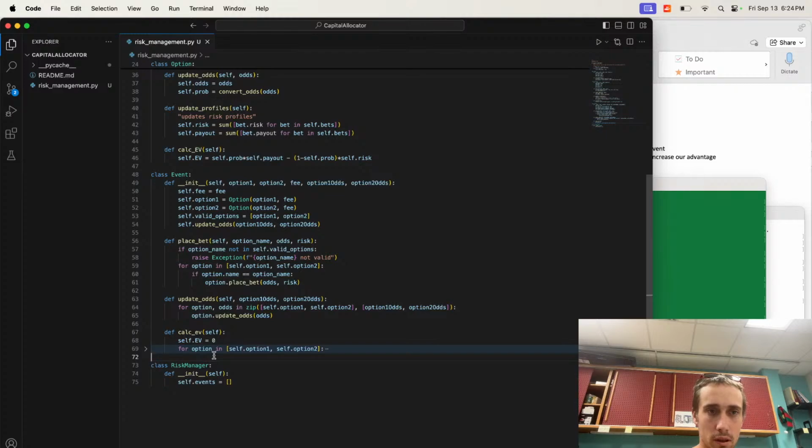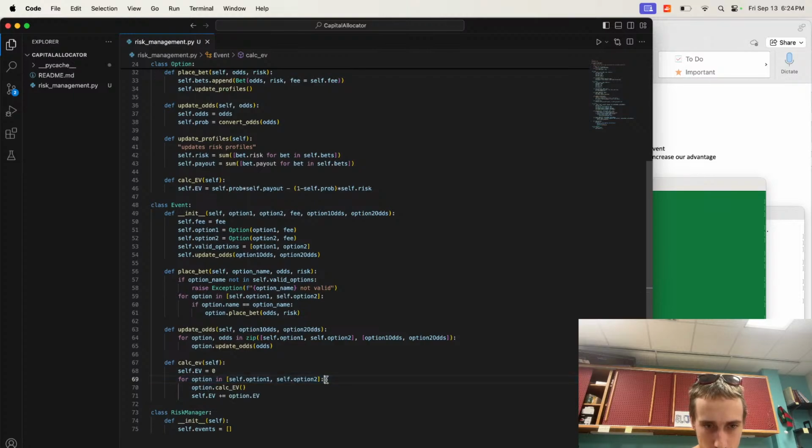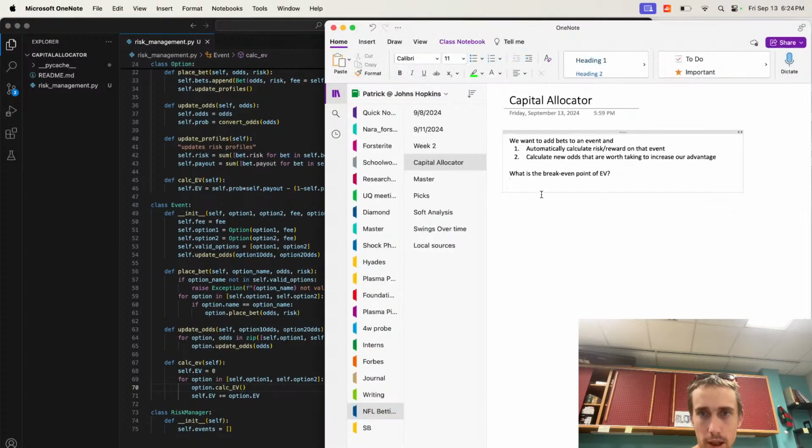I'm building a risk manager for my betting. So, we want to figure out how do we calculate expected value.